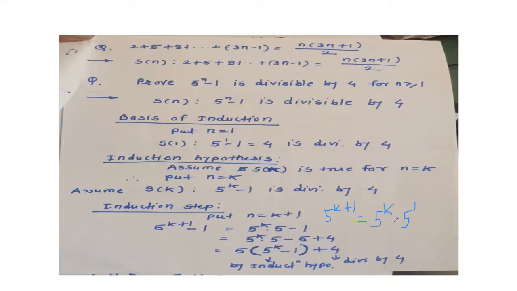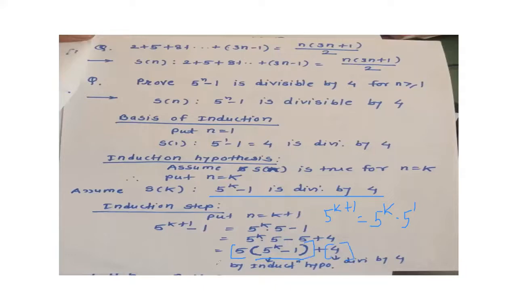By the induction hypothesis, 5 raised to k minus 1 is divisible by 4. We already assumed that it is divisible by 4. And this 5 is a multiple, so this whole term is divisible by 4. And this 4 is also divisible by 4.